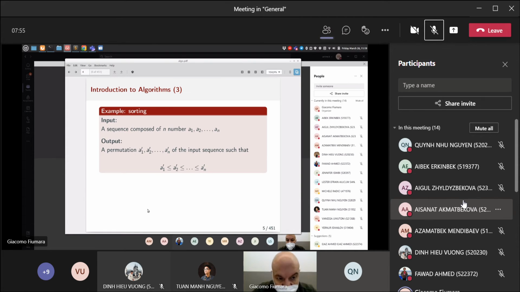For example, we have a sequence composed of n numbers, a1, a2, up to an, and we must find one of the possible permutations of this. Does anybody know what a permutation is?